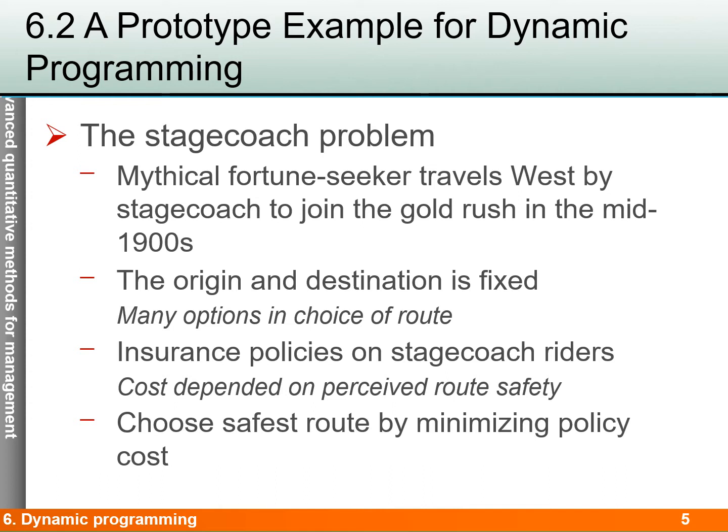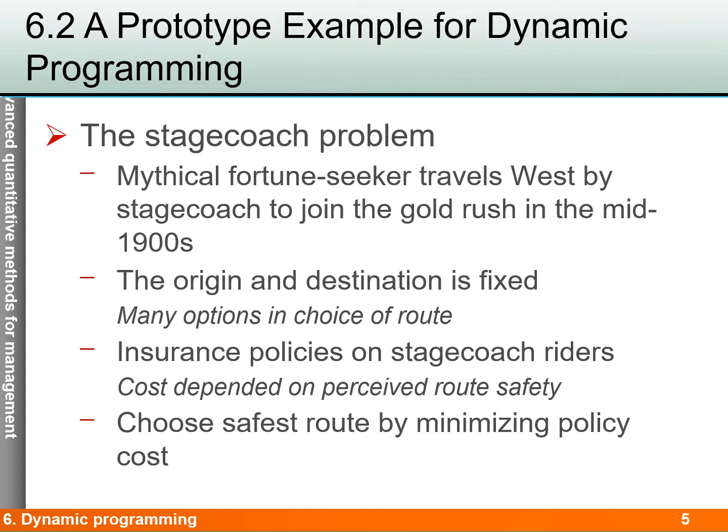Okay, so based on the level of danger of each city, the life insurance company offers a service of insurance to this fortune seeker. Obviously, the more dangerous the city, the more expensive the life insurance policies. So the safer, the cheaper.